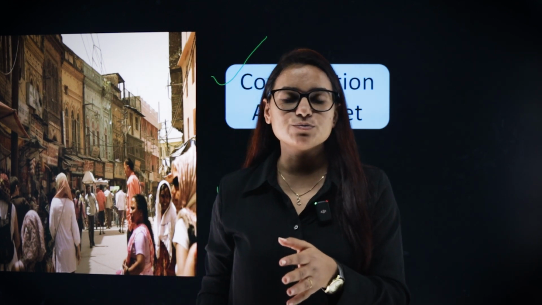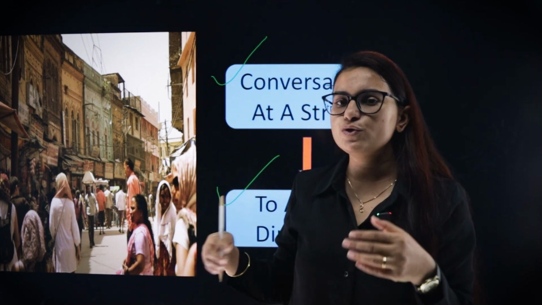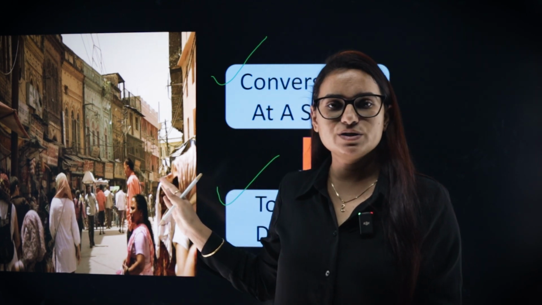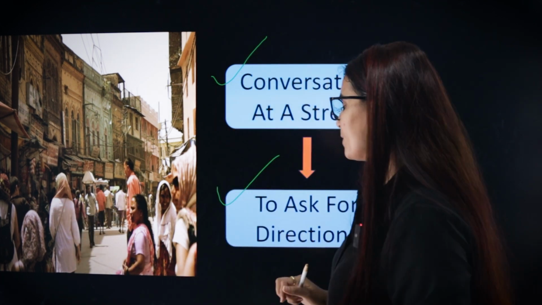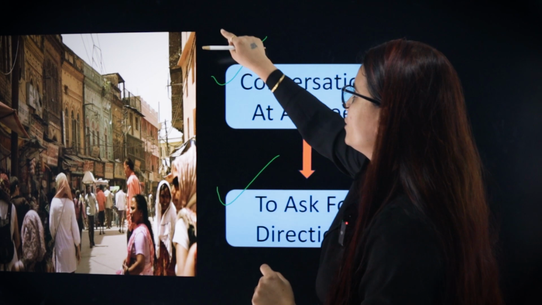It's not like I'm not promoting English. I do promote native languages more. But again, if you are in a city where people are not comfortable speaking in Hindi, like in southern part of India, you can definitely use these. But if you are in northern part of India, I'll still say use your native language. That's always better. So you have to ask directions.